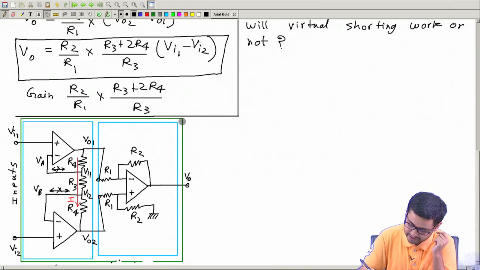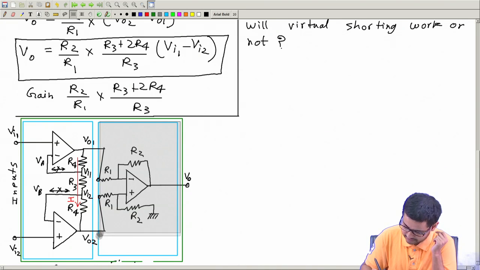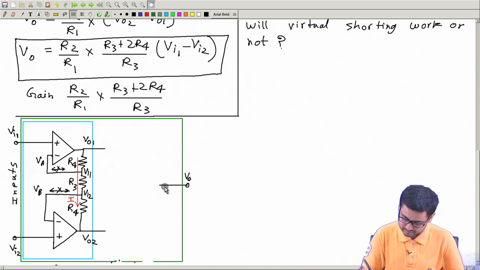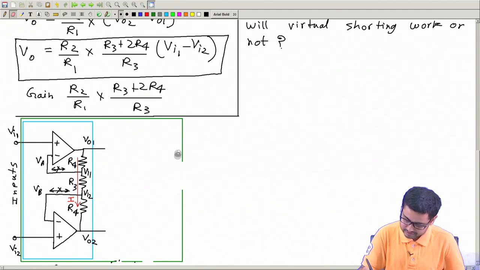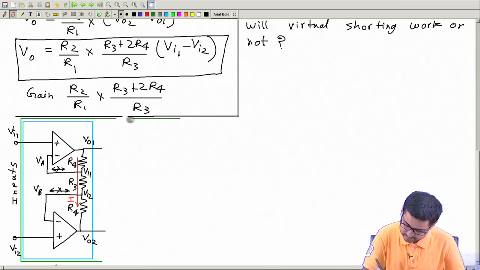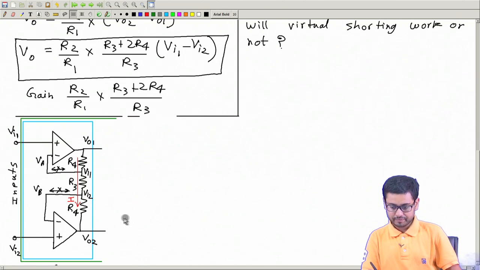Okay. So, let me get rid of this part for clarity.